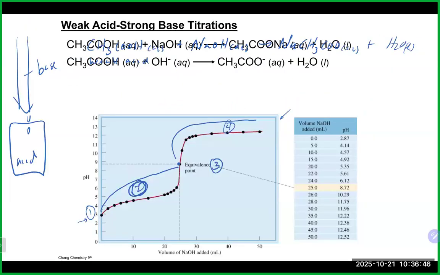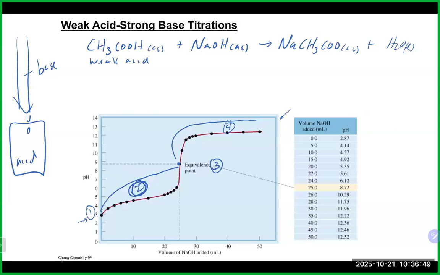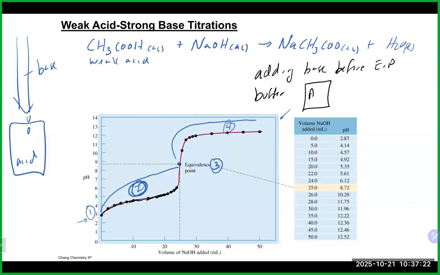So what we see there is we start to make a buffer here. So we don't get a dramatic rise here. You do have some buffering action happening as you come through here. But as we also talked about with a buffer, right, you can blow through your buffer. So in this case, we're going to blow through our buffer as we near the equivalence point, because we are consistently adding base before the equivalence point, which means we're going to make that buffer, which has, as we know, an acid part and a base part.